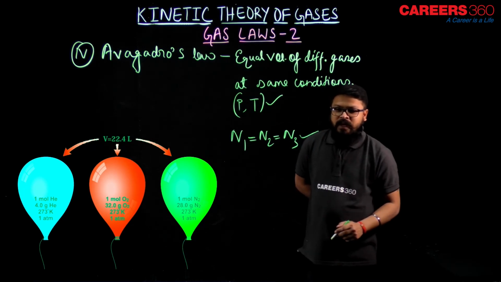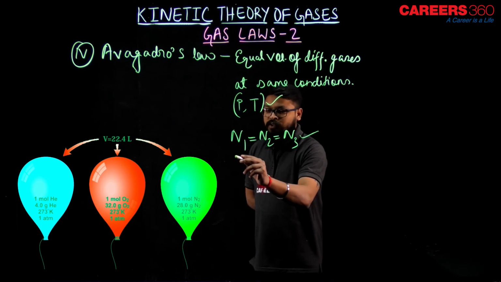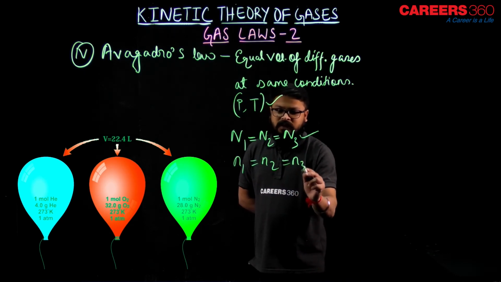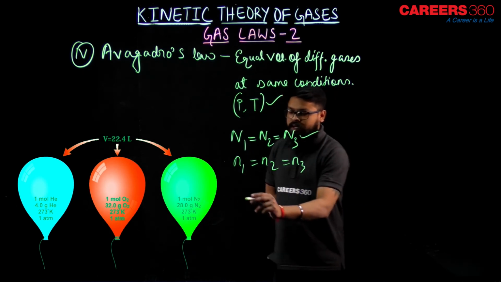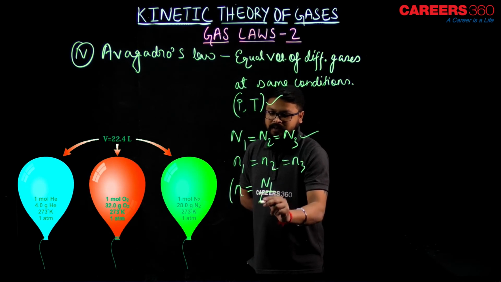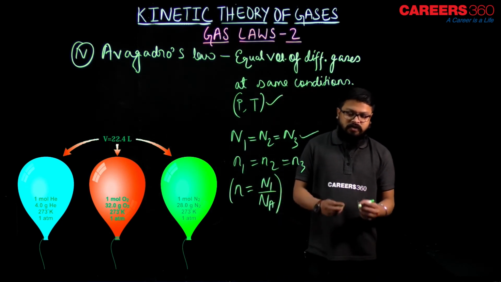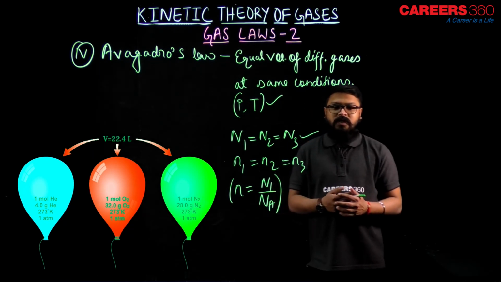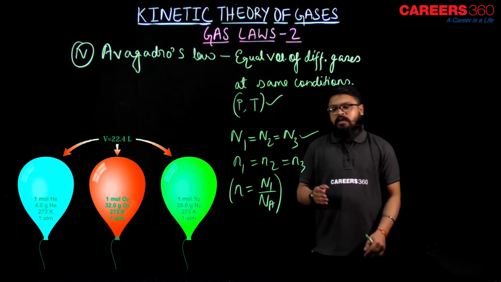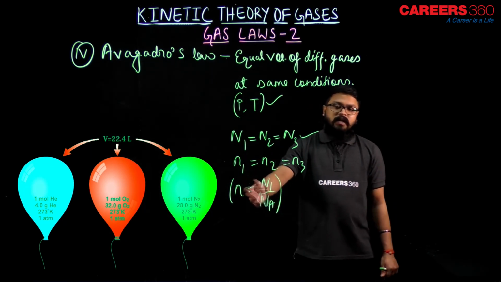So from here, what do we gather? That is number of moles also, N1 equals to N2 equals to N3. Number of moles is nothing but number of molecules divided by Avogadro's number. What is Avogadro's number? One Avogadro's number is nothing but 6.023 into 10 to the power 23 particles, right. So number of molecules divided by Avogadro's number is nothing but number of moles.